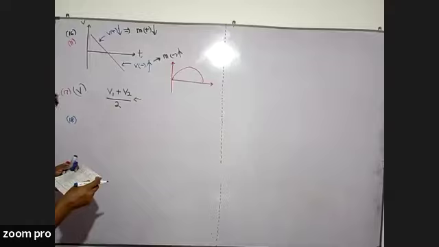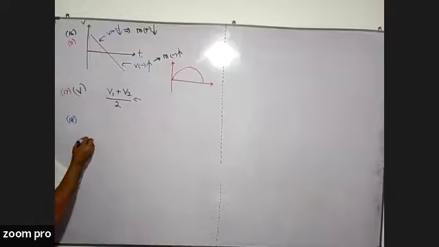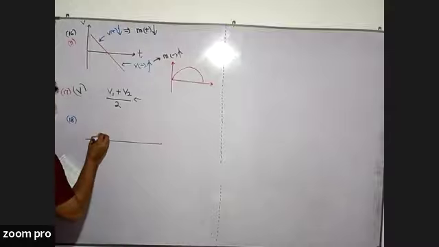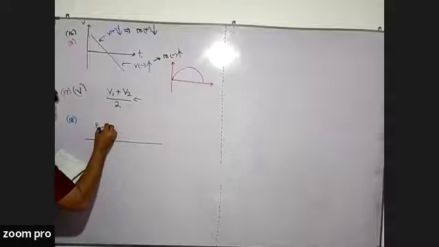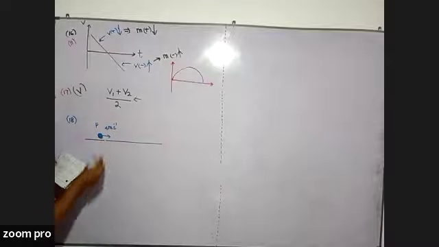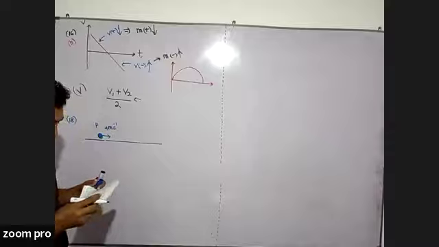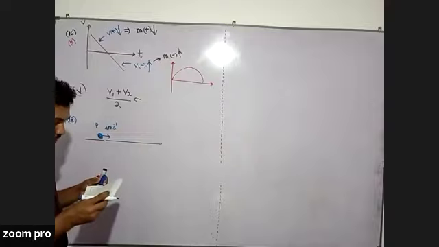18. A particle P is moving with a constant velocity of 4 along the x-axis, passing the origin O at t equals 0.